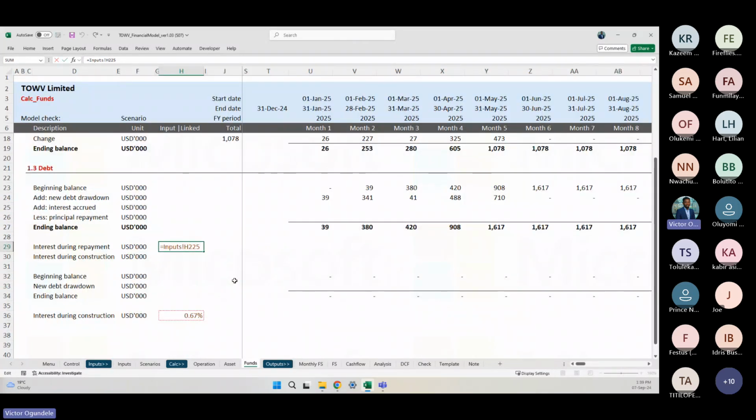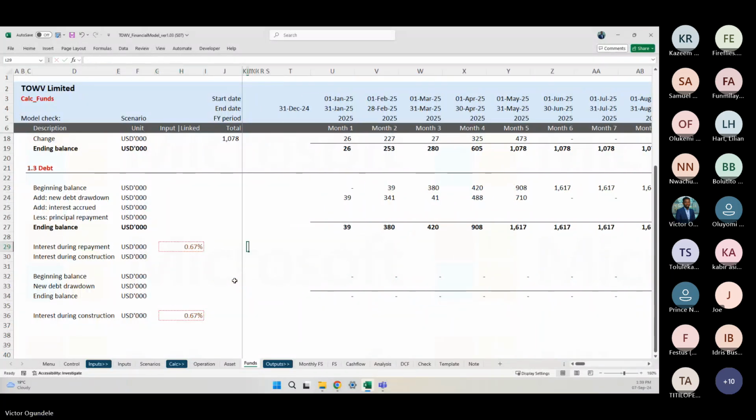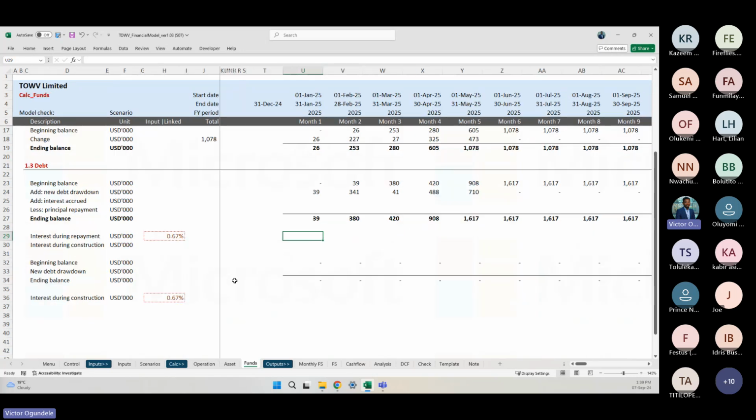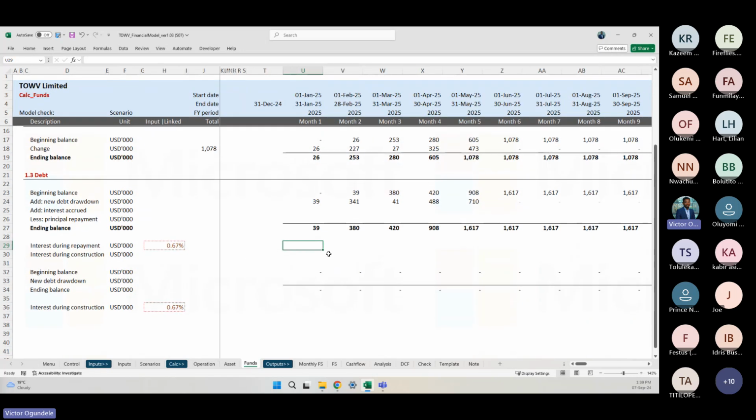And remember to multiply by 1 divided by months in a year. So link your interest, also link it to interest during repayments.